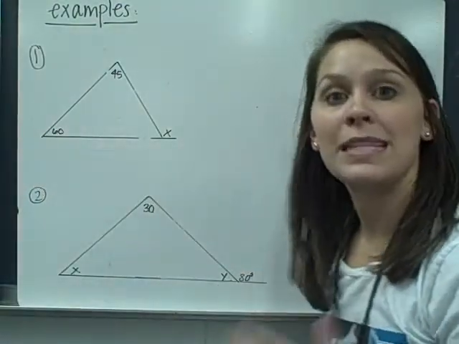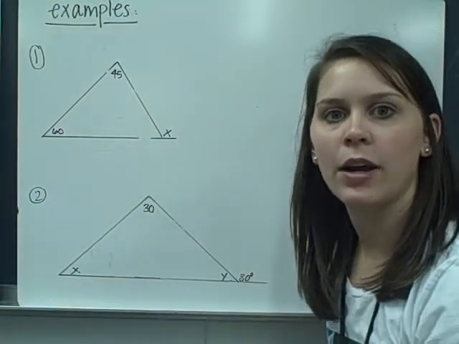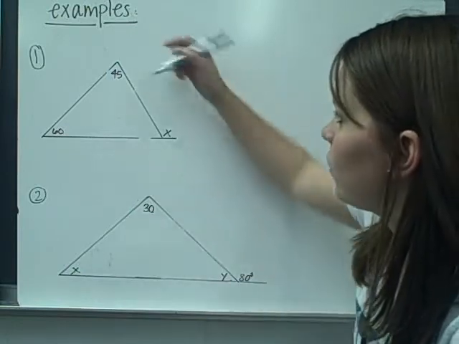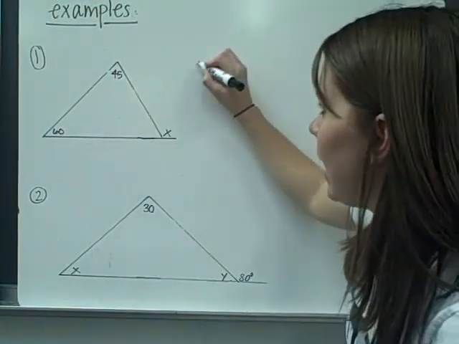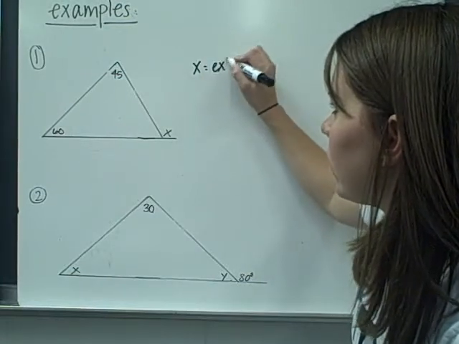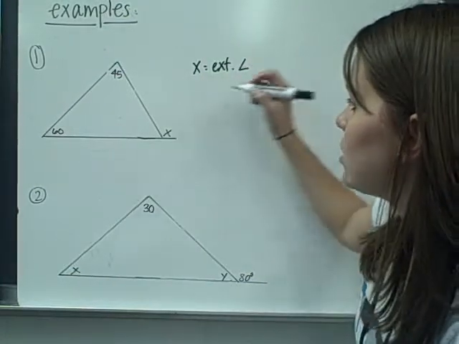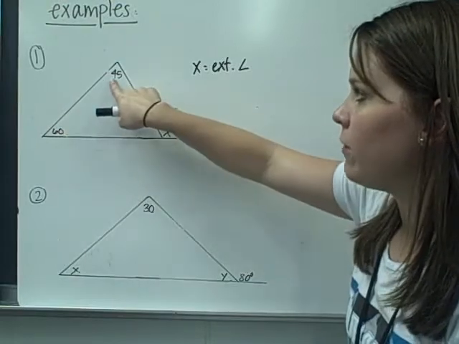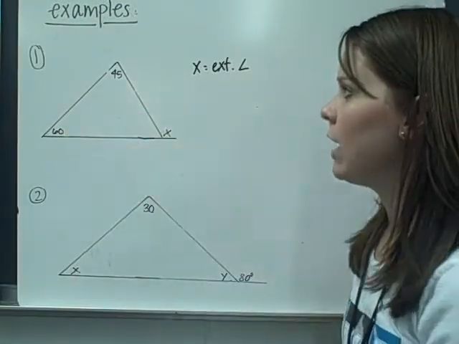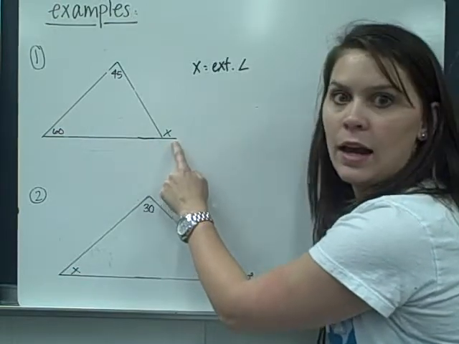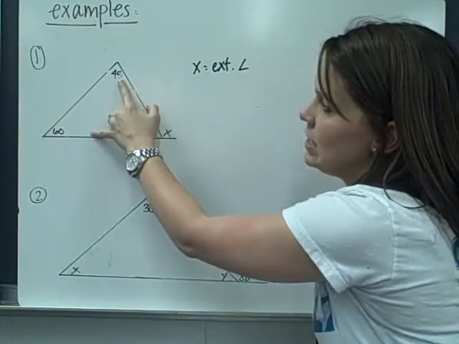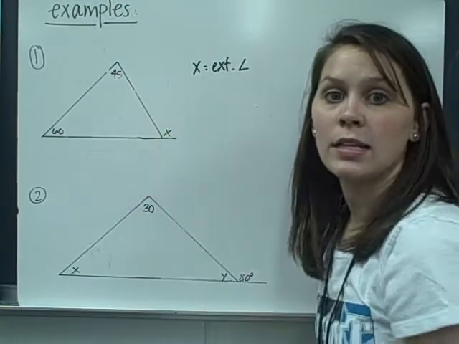So let's look at some examples to explain that exterior angle theorem. So here we have a triangle, and we have that our x is the exterior angle. And so then 60 and 45 are interior angles that are remote to this x angle because they are interior and not beside the exterior angle.